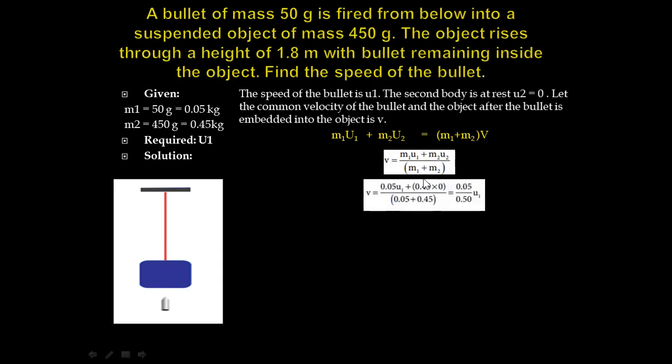We're going to substitute our variables. We have m1 at 0.05 kilograms multiplied by the unknown u1, plus 0.45 times the velocity of the stationary suspended object at 0, all over the total mass of the bullet and the suspended object. If we further simplify, this gives us 0.05 u1 all over 0.5.